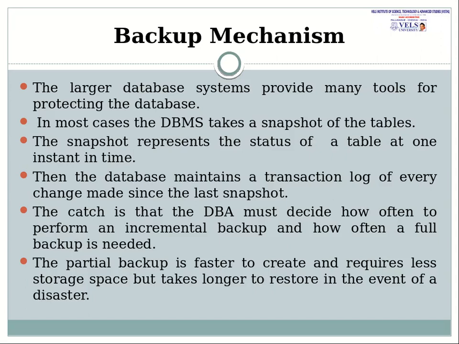Then the database maintains a transaction log of every change made since the last snapshot. A partial backup is faster to create and requires less storage space, but it takes longer to recover in the event of a disaster.